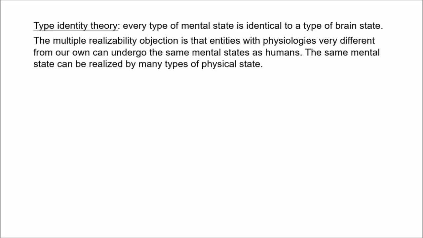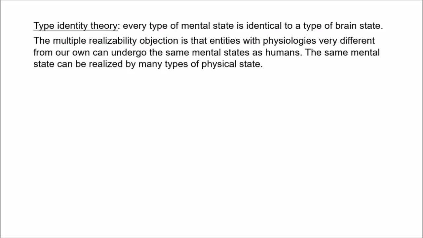Now, probably the most popular objection to the identity theory is that it fails to account for the fact that mental states are multiply realizable, which is to say that there could be, in fact, there probably are, organisms with physiologies very different from our own, but which also undergo the same mental states that we do. For example, the human nervous system and the octopus nervous system are radically different, but it seems that octopodes have minds somewhat like ours. So octopodes can experience fear and pain just like humans can.